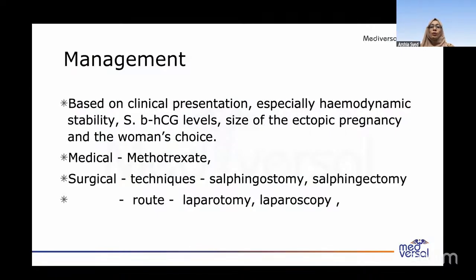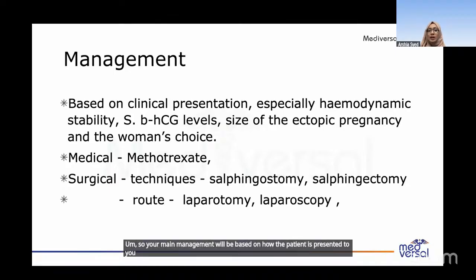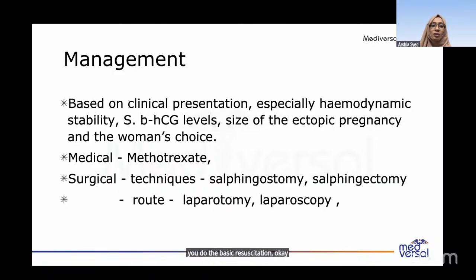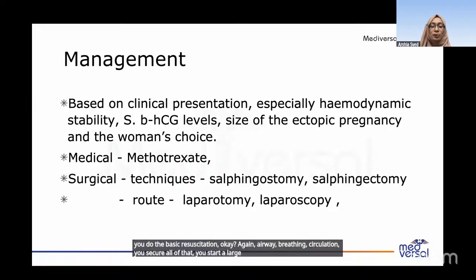Okay, so now how will you manage this case? Your main management will be based on how the patient has presented to you, with her hemodynamic stability. If she is not hemodynamically stable, the first thing you do is basic resuscitation. Again, airway, breathing, circulation, you secure all of that. You start large bore IV cannulas. You give hydration, and you make sure that she's not going into shock.